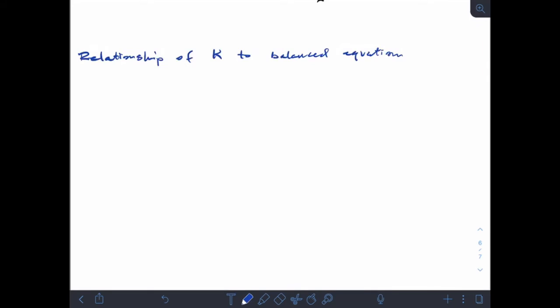You might want to write down the headings of each of these. This would be one of the headings that you might want to highlight in your notes.